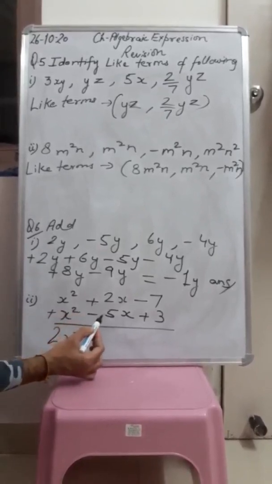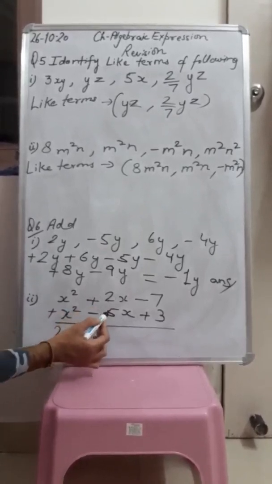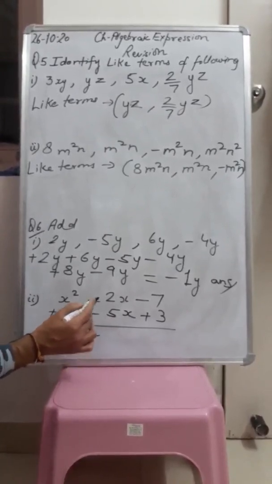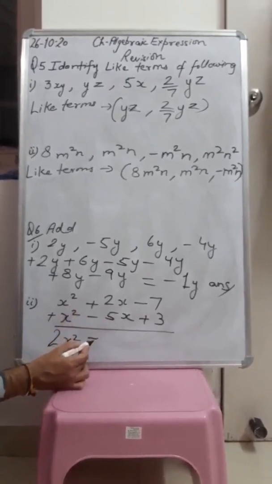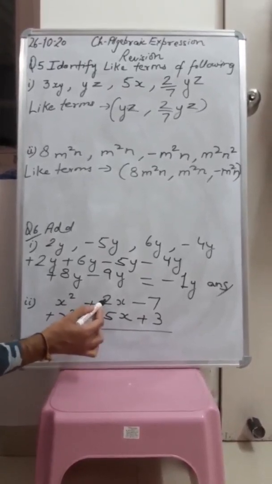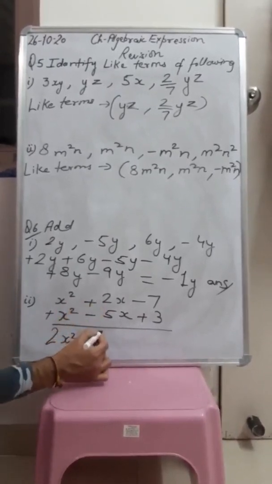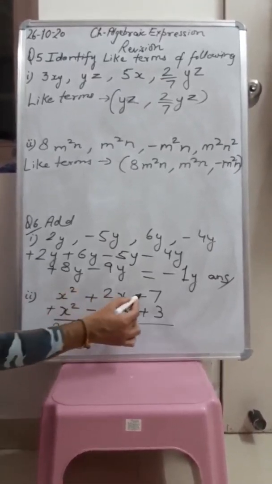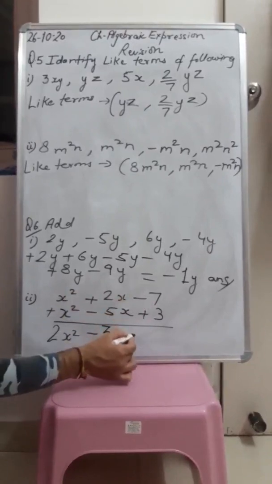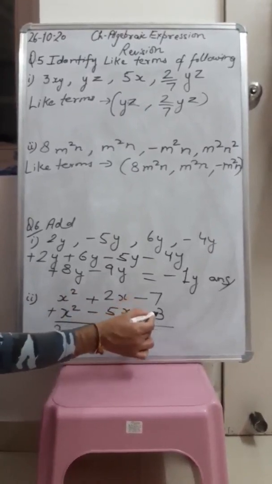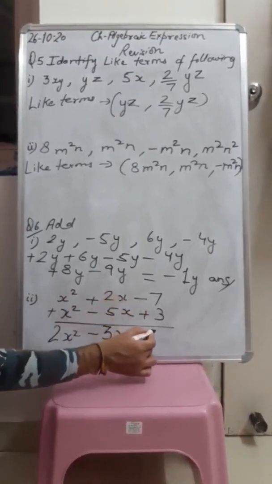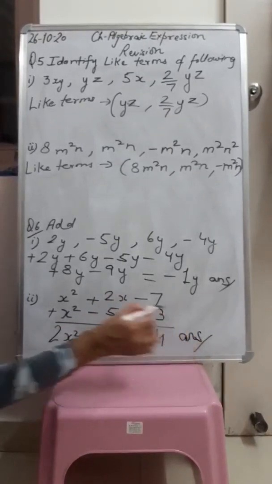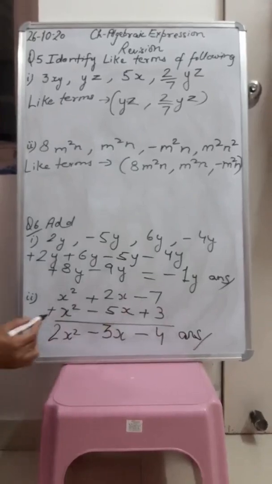Second is minus 5x plus 2x. The greater is in minus, so the answer will be in minus, because the sign of the greater one comes, and the greater is minus. So minus 5x plus 2x gives you minus 3x. Here minus is greater again, so it will come in minus, because 7 is greater than 3, that is minus 4. In this way we can add algebraic expressions. So this is your answer.